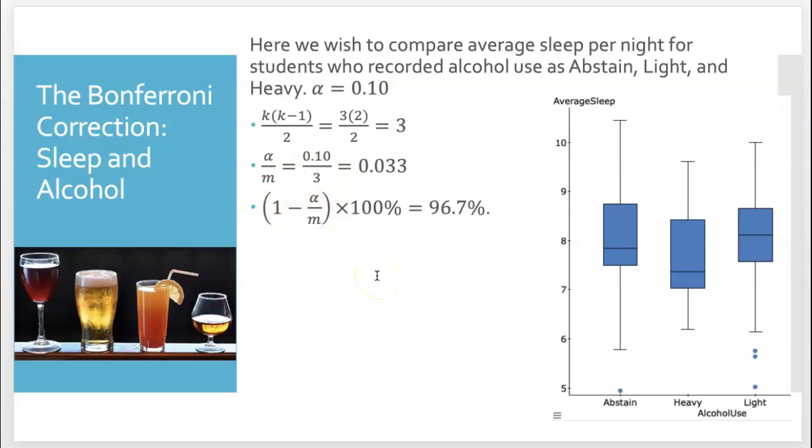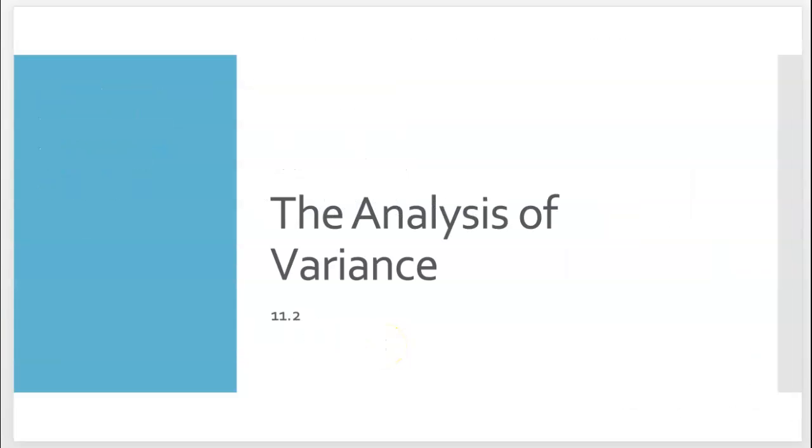Your tests become very conservative, and they'll never reject a null. So we want a better test that considers this overall significance level, but at the same time isn't too conservative. Analysis of variance is the cure for that, and that's what we're going to talk about right now.